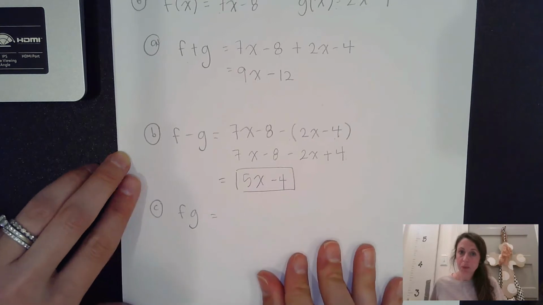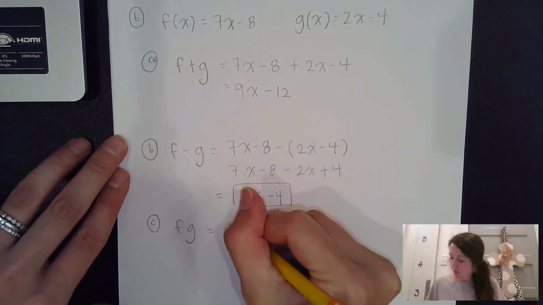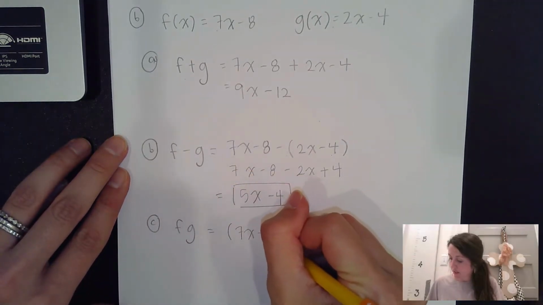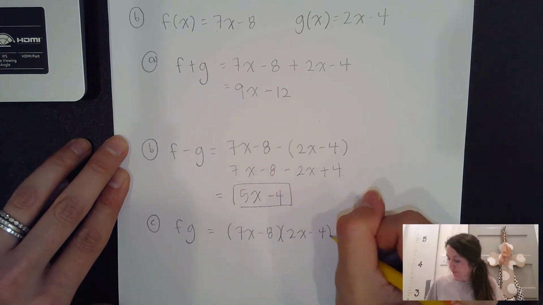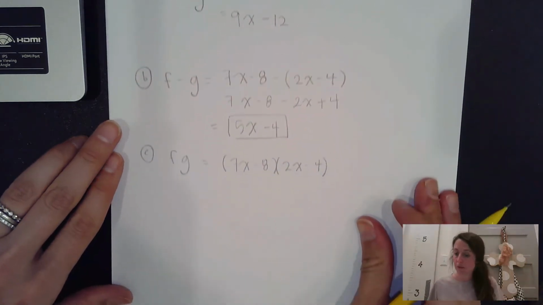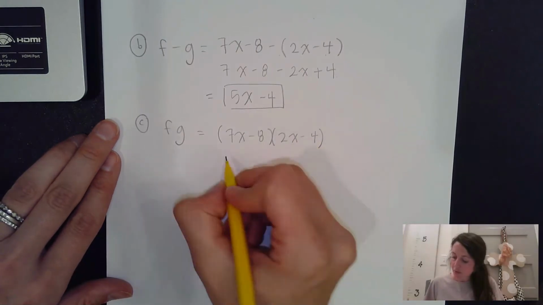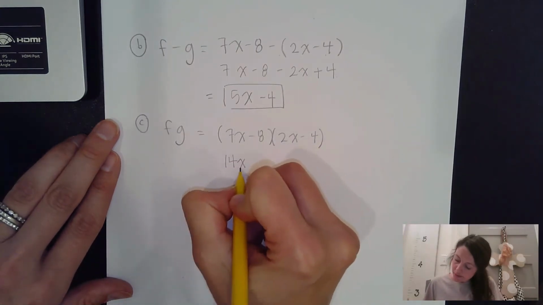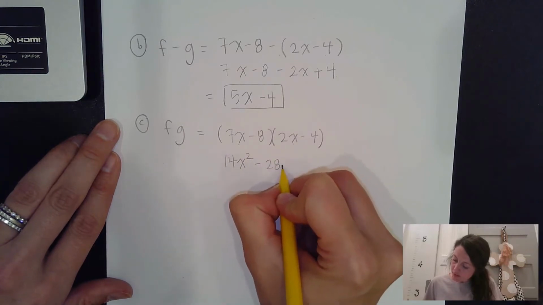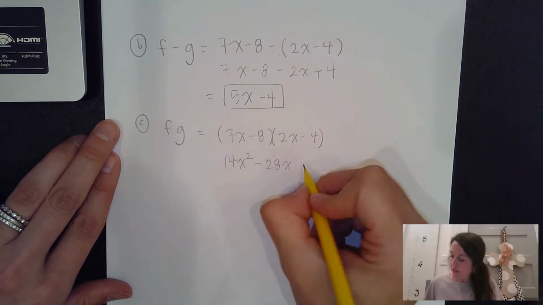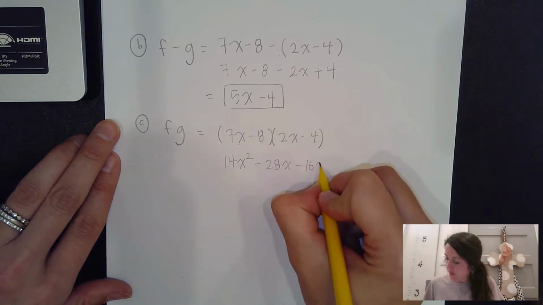All right, if you multiply the functions together, so you would just say 7x minus 8 times 2x minus 4, and you multiply those together. So 7 times 2 is 14x squared. 7 times a negative 4 is a negative 28x. Negative 8 times 2 is a negative 16x.